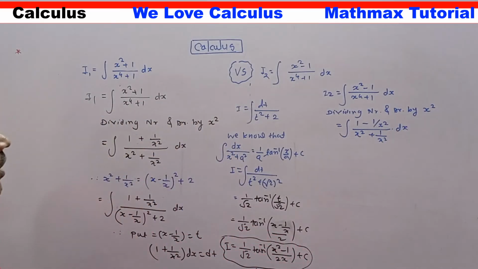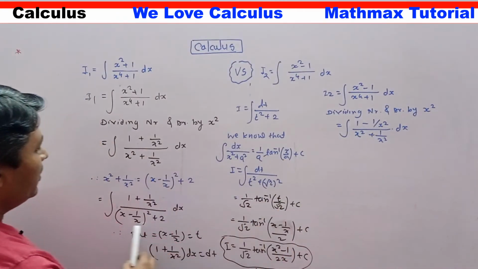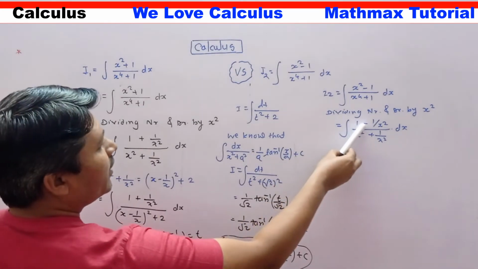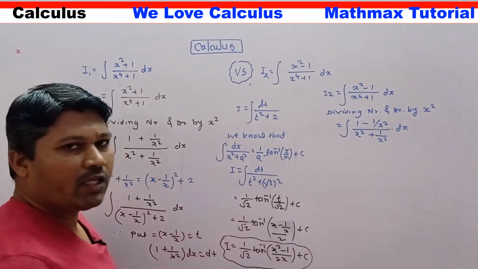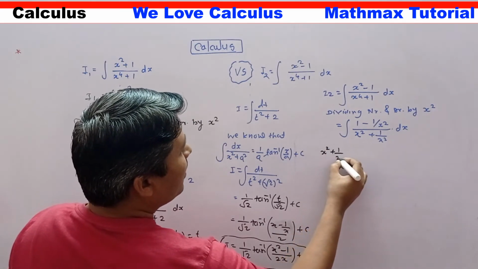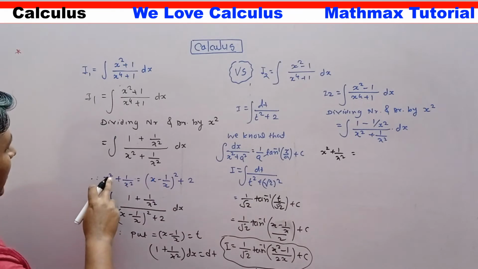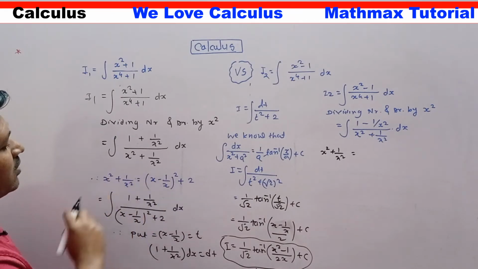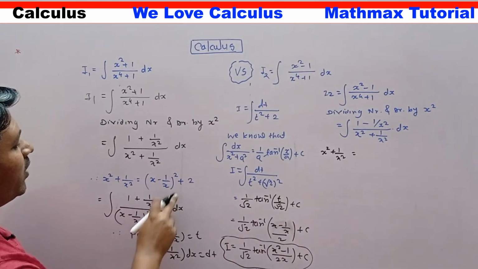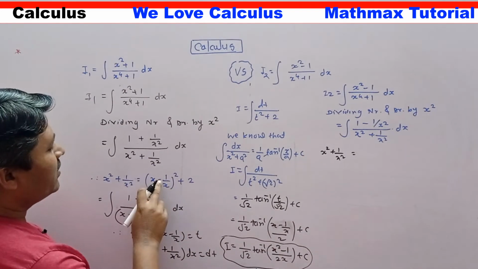Now here we observe the term x square plus 1 by x square is the same, but the numerator is different: 1 minus 1 by x square.